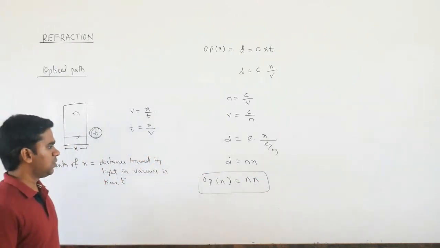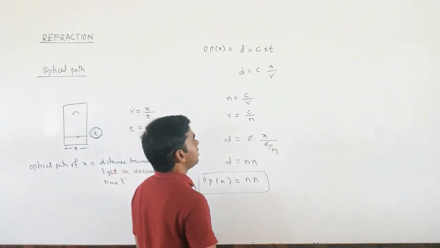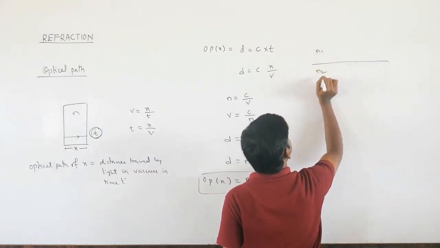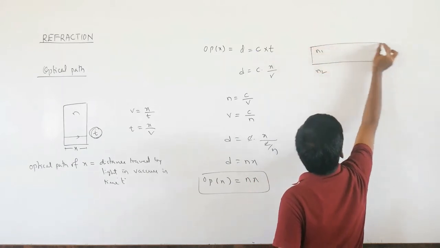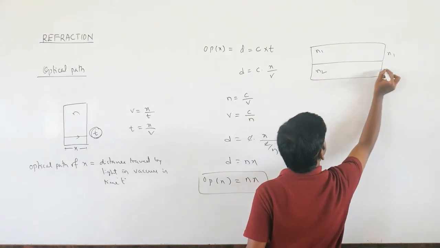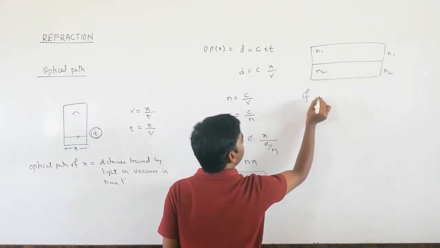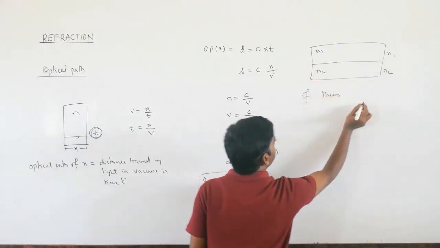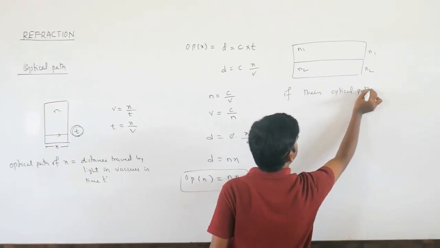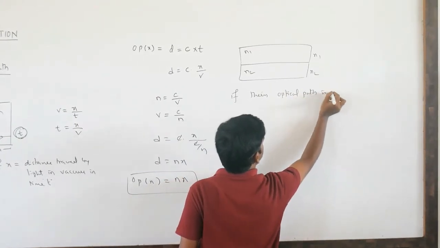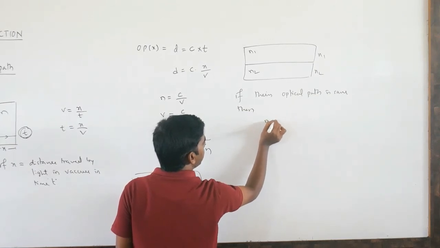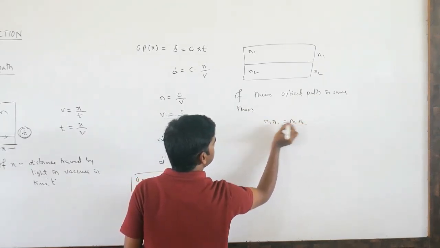So if there are two media, with refractive indices n1 and n2, having thicknesses x1 and x2, and if their optical path lengths are the same, then can we write n1 x1 equals n2 x2?